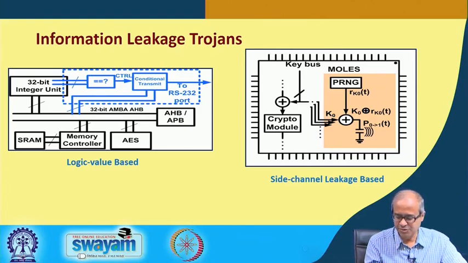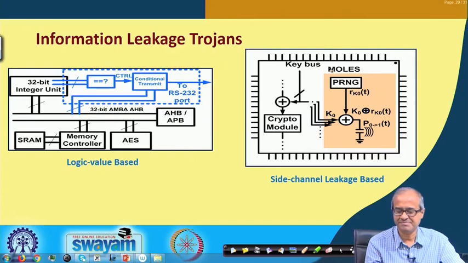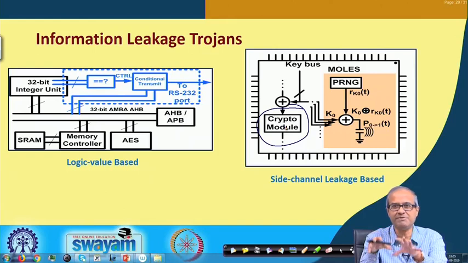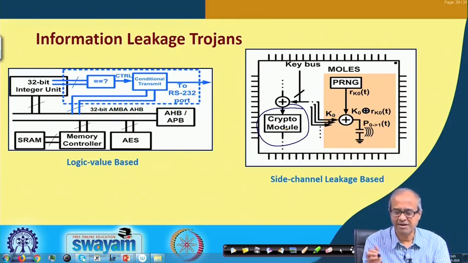Let us look at the diagram on the right. Suppose I have a crypto module, something cryptographic operation is going on here. Somehow when the chip is being manufactured, some person during the design, during manufacture, during some phase has identified that some cryptographic operation is going on and some secret value is getting processed here, let us say.